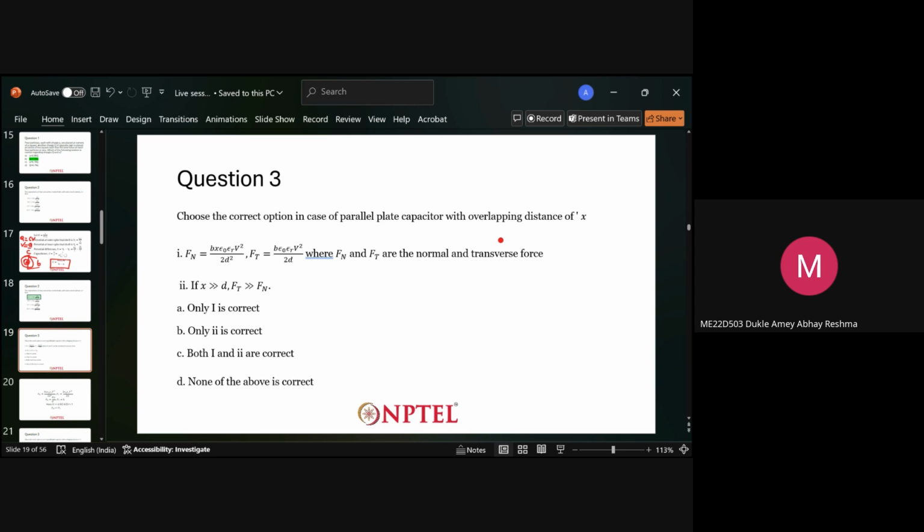If x is way greater than D, the transverse force will be a lot greater than the normal force. We have to choose the correct answer: whether statement one is right, only two is right, both one and two are correct, or none of these is correct.